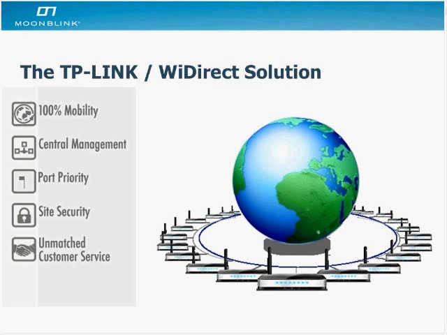Site security, there's a lot of things built into the WiDirect and WiClient platform that you can utilize to identify users, sending them emails, making sure that they are who they are. That comes in very handy if the FBI comes knocking and asks who downloaded the latest Lady Gaga song. We actually deal with that quite a bit.